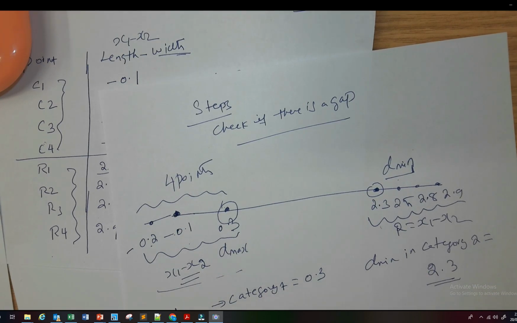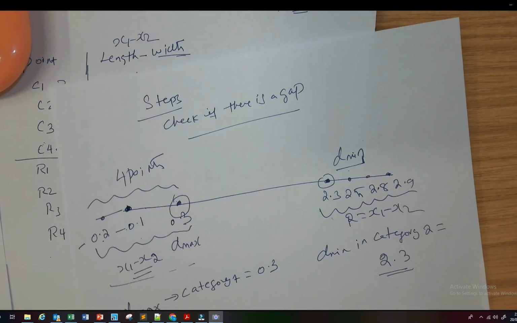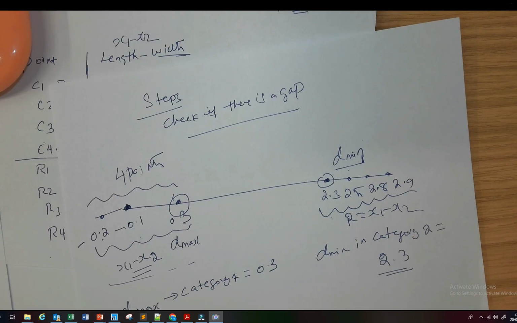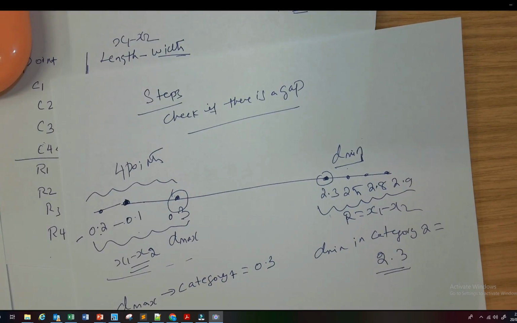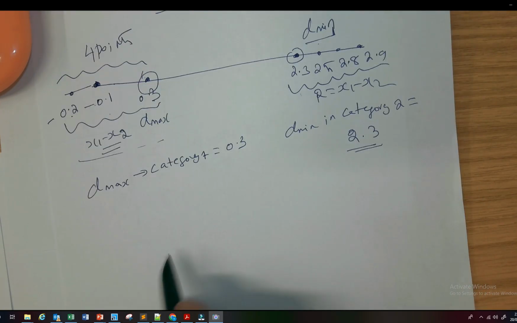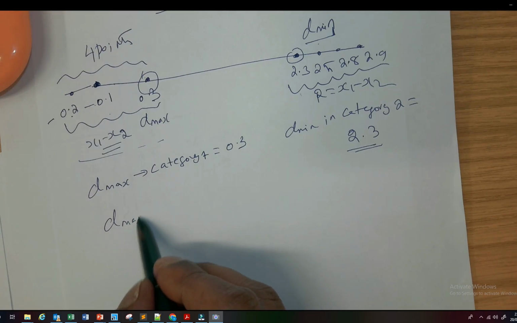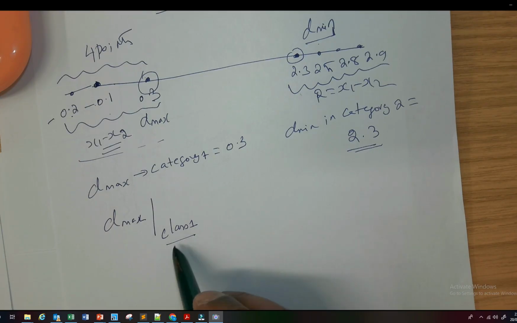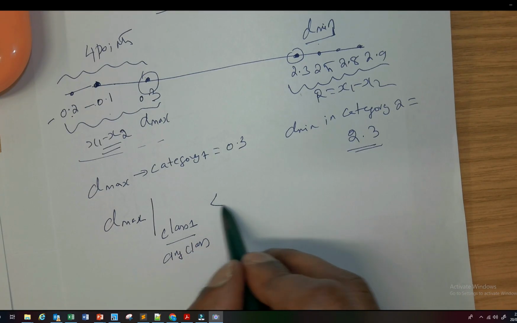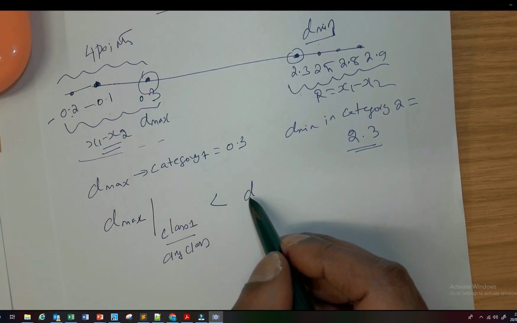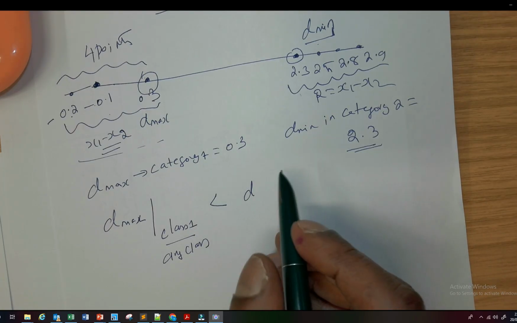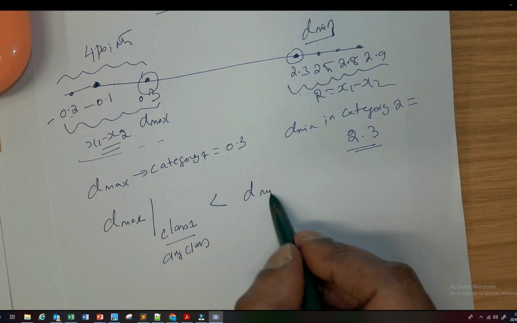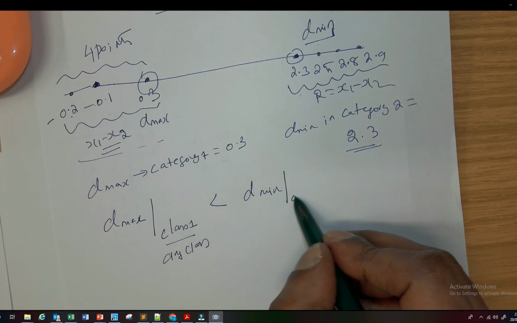So now come the rules. Listen to this carefully. The data is said to be linearly separable if the following condition exists: D max from one class, let's say class 1 or any class, is less than D minimum in the other class.